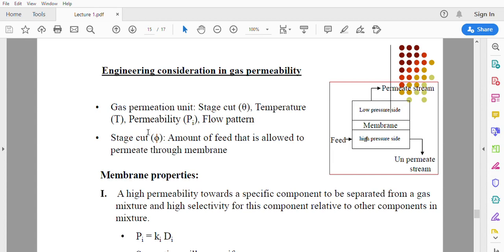Why? Because the Henry's coefficient as well as the diffusivity both depend upon the temperature. So if we change the temperature, the amount of separation changes, as well as the stage cut changes. Next is the permeability, which I have already discussed, and we will discuss flow pattern later.